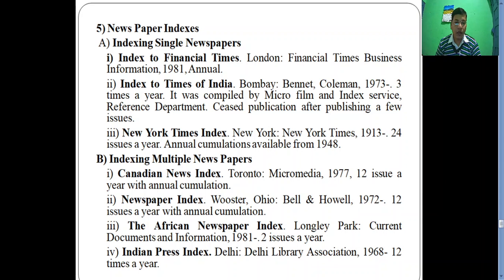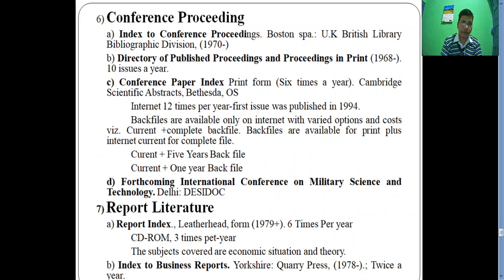The African Newspaper Index, published by Current Documents and Information since 1981, 2 issues per year. Indian Press Index, Delhi Library Association, published this kind of index from 1968 onward, 12 times a year.